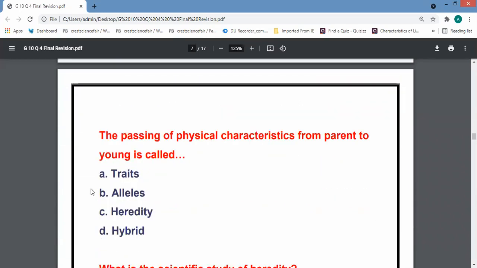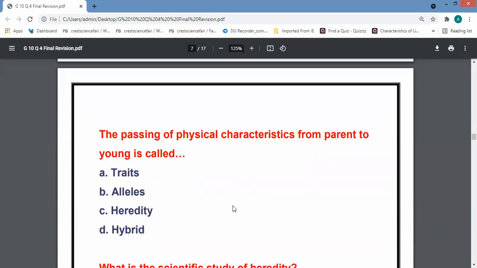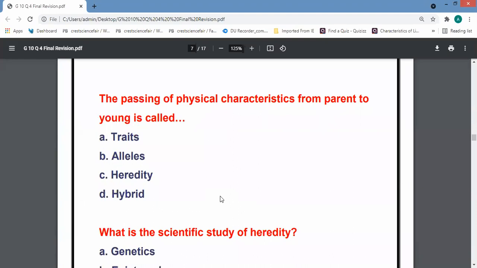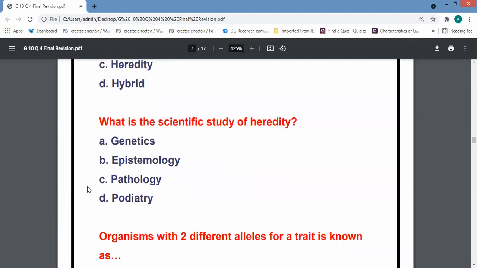Bees. The passing of physical characteristics from parent to young is called what? Heredity. What is the scientific study of heredity? It's a very easy one.